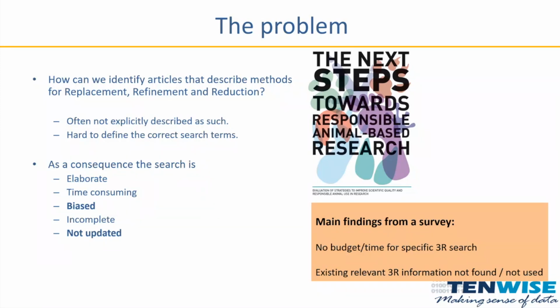So that leads, in fact, to a lot of the interesting information that is out there not being used or underused. So we thought, how can we approach this problem?